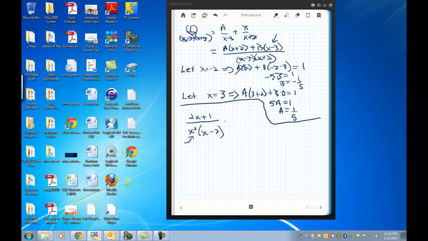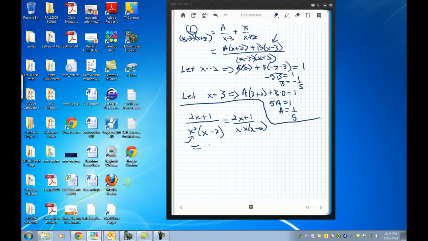You never can tell. The problem with these is that you think of this as x times itself. So if I wanted to factor this, I suppose I could write this as (2x + 1) over x times x times (x - 2). Now, the way in which we deal with squared terms is we rewrite this whole thing, not like this. I wouldn't want to write this as a over x plus b over x plus c over (x - 2).